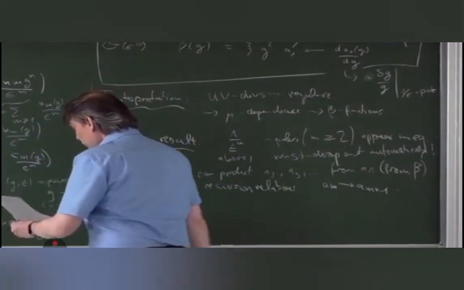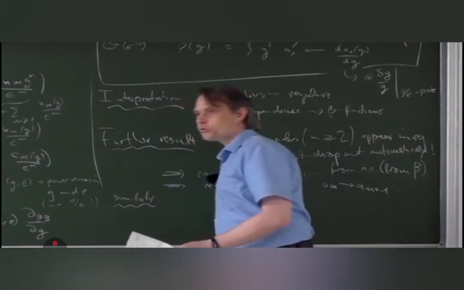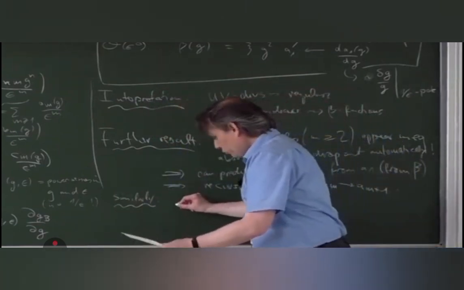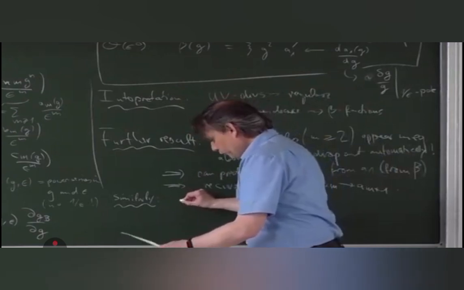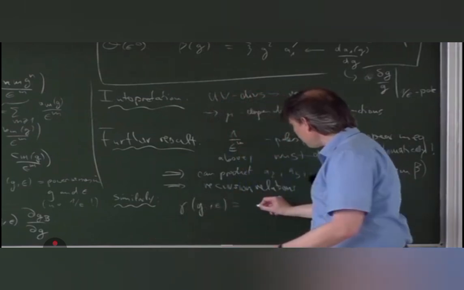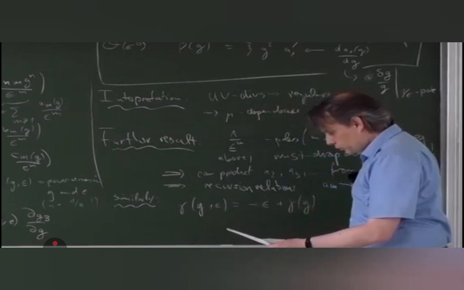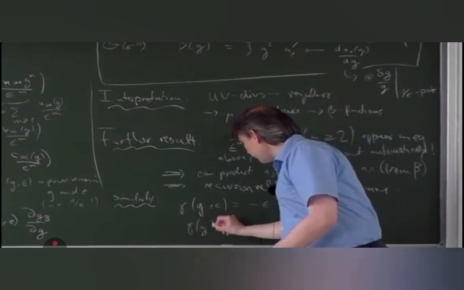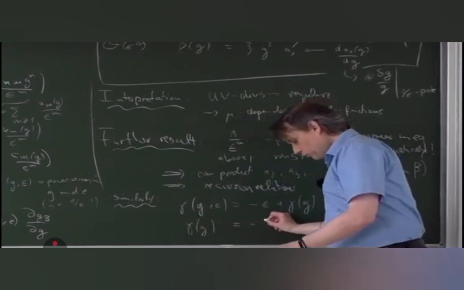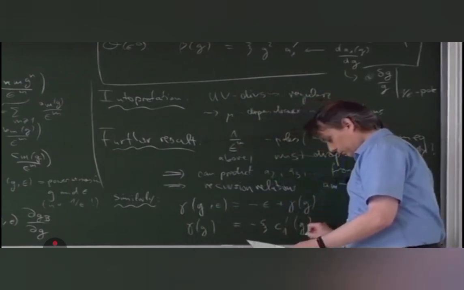Let me just write down also the similar results for the gamma functions without much comment. So from the definition of the gamma functions, we get gamma of g and epsilon is given by minus epsilon plus gamma of g, where gamma of g is equal to minus psi times c1 prime of g.